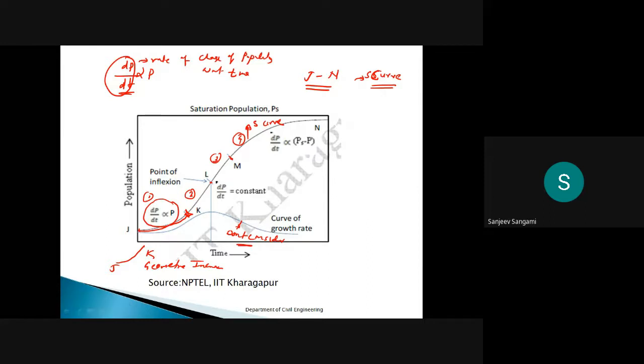Then from K to M, in sections 2 and 3, you can see the curve is almost straight.